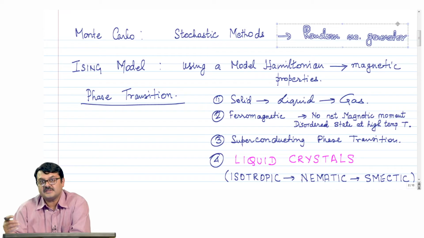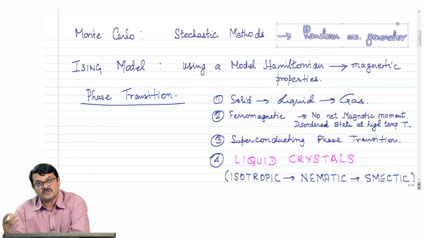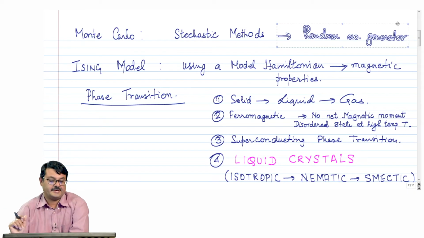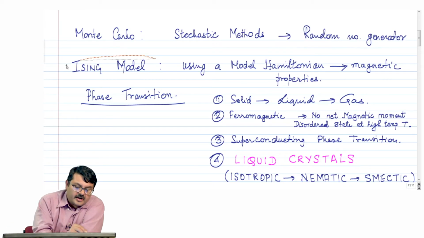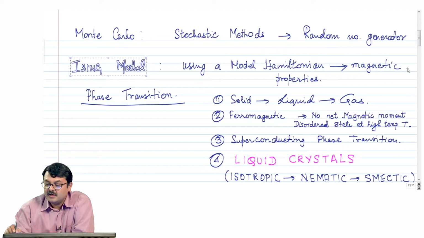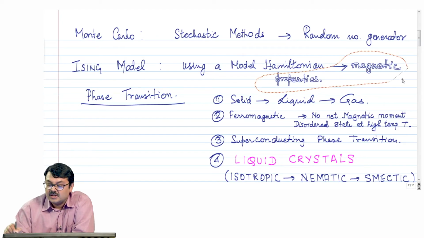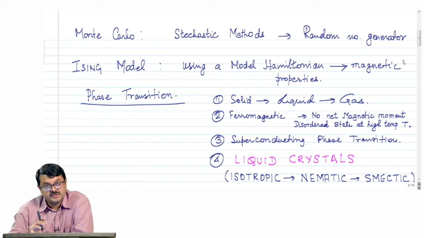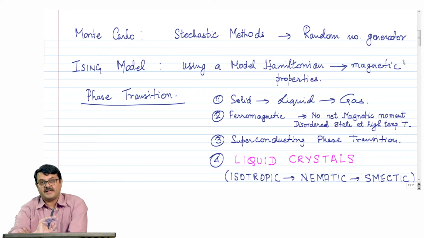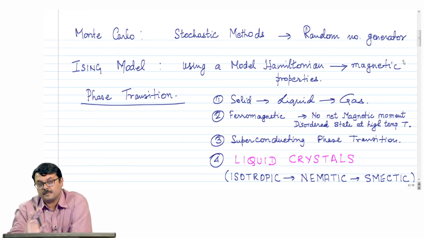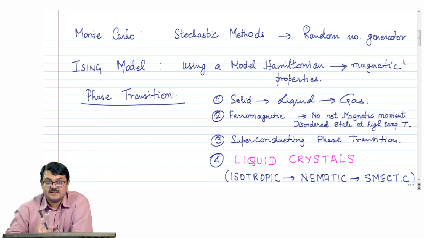When we model the ferromagnet, we shall make our model system access different microstates, and how these microstates will be accessed will be a stochastic method using a random number generator. I already told you that the Ising model is a model Hamiltonian, which mimics the magnetic properties. So, using the Ising model we can understand the ferromagnetic phase transition, ferromagnetic to paramagnetic state as you increase the temperature of the system, and this is a good method to understand phase transitions.